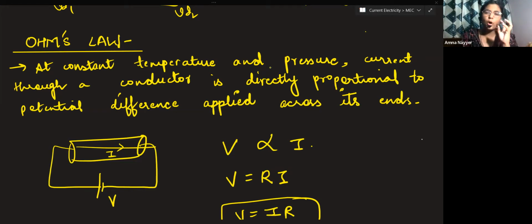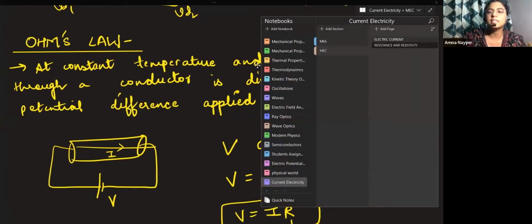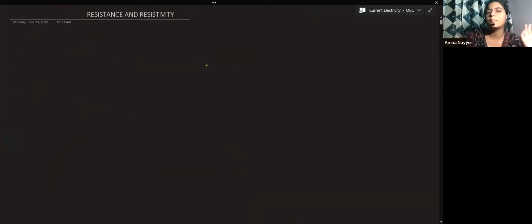That opposition to the flow of charges is what we call resistance. So in today's class, we'll be dealing with resistance and a similar phenomenon associated with resistance, that is resistivity.